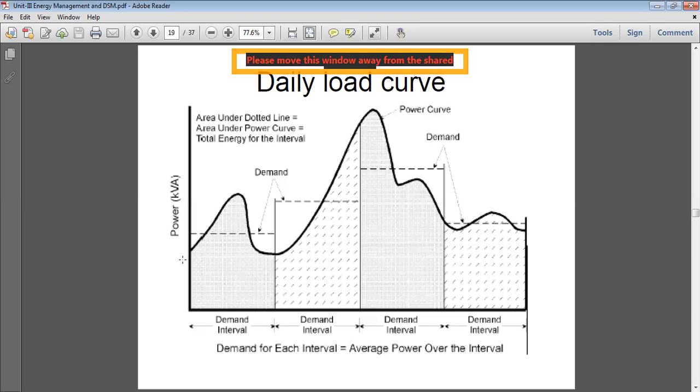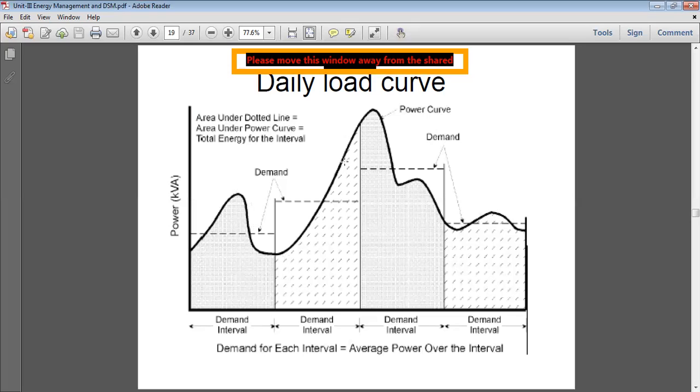It will show the variation of demand with respect to time. It will show what is the minimum load on the system and what is the maximum load.